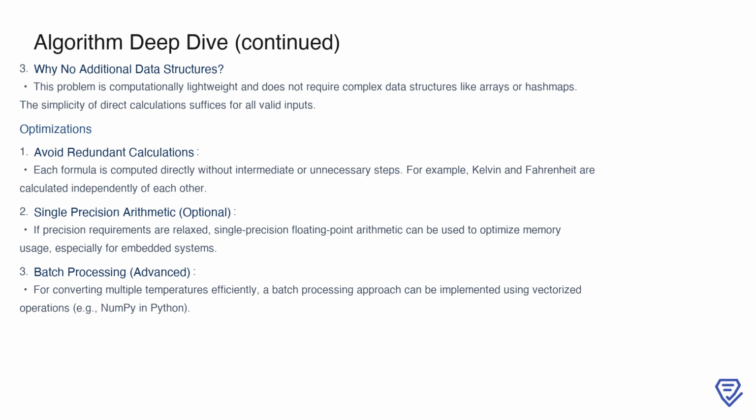Additionally, for advanced use cases, a batch processing approach can be implemented. This leverages vectorized operations, such as those provided by libraries like NumPy in Python, to convert multiple temperatures at once, further enhancing efficiency. This combination of simplicity, precision, and scalability makes the algorithm both elegant and practical.